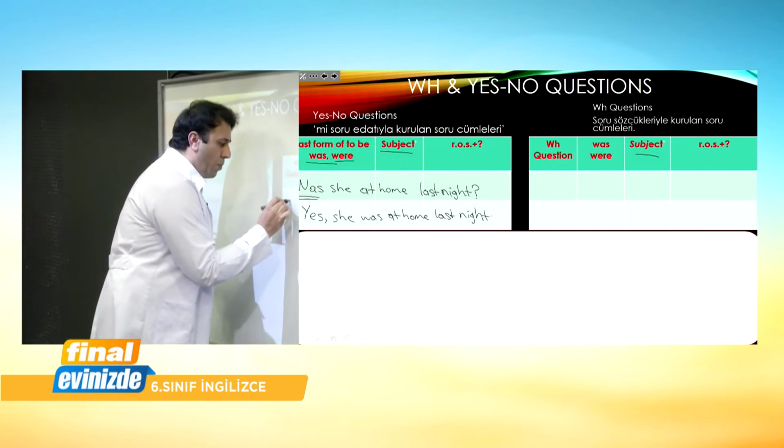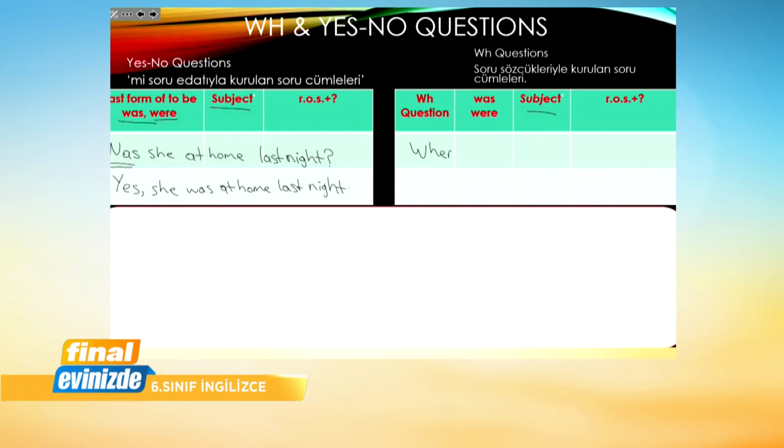All right, where was she last night? Okay. Then you can say she was at home last night. All right? Okay.